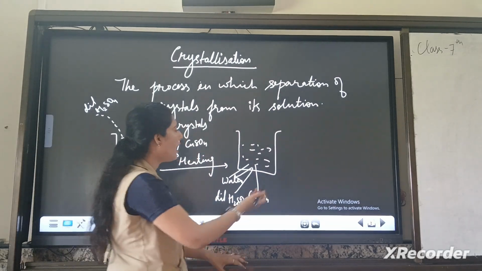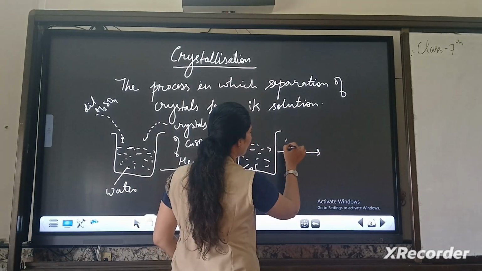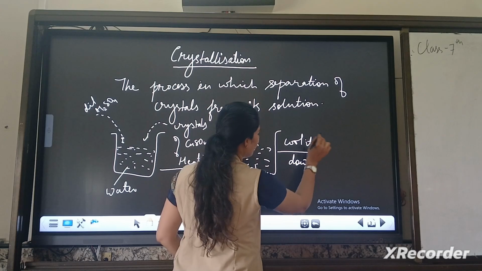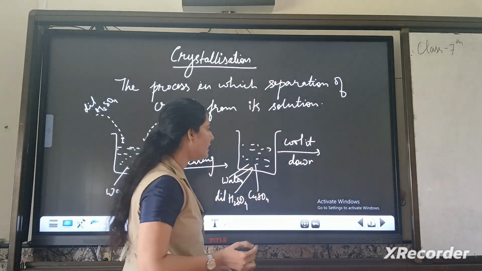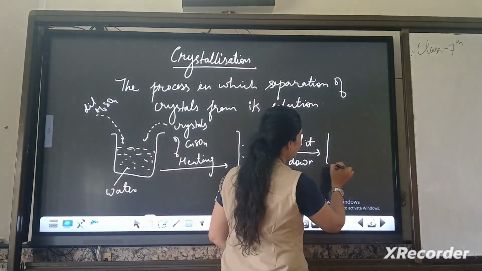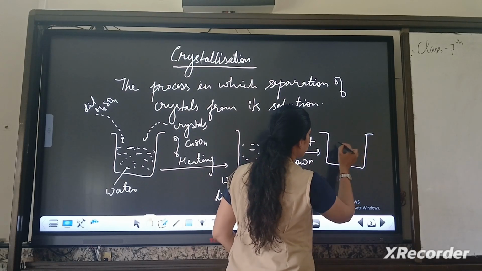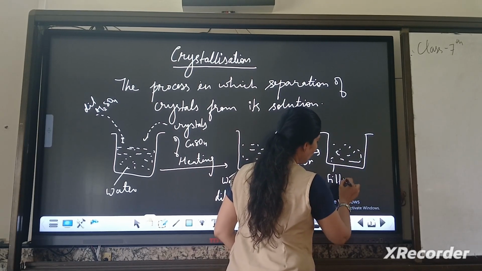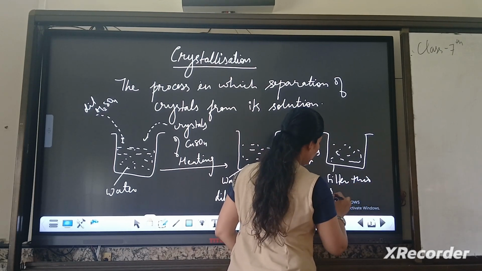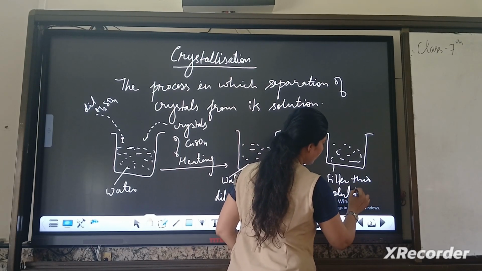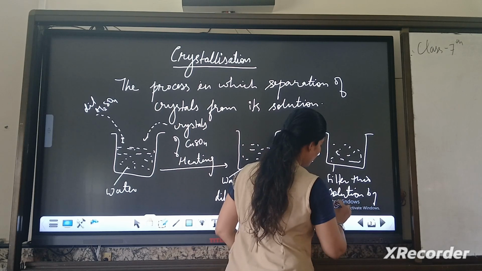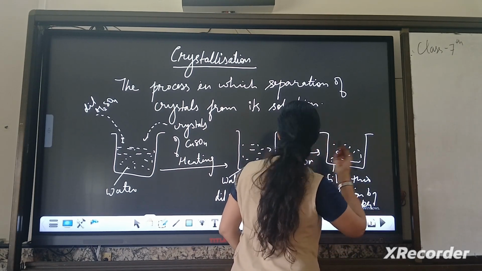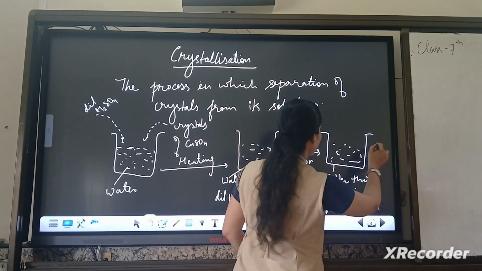After this, we just cool it down and filter this solution with a filter paper.